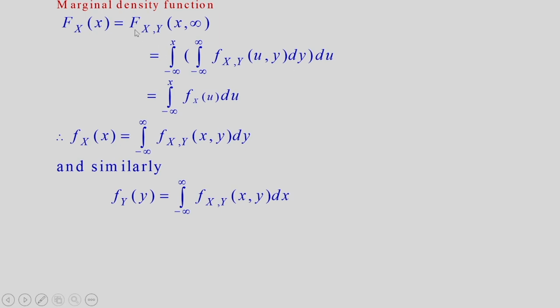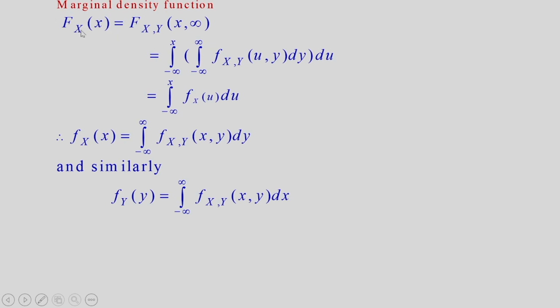This is the double integral from minus infinity to x and from minus infinity to infinity of f_XY at point (u, y) dy du. This is the expression for the CDF F_X(x).